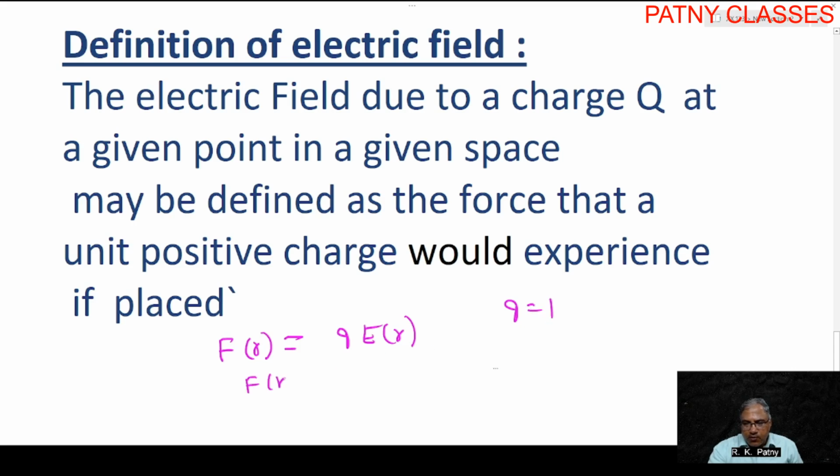Therefore, F of R equals E of R. So electric field is nothing but a kind of force developed by the source charge and existing at the point P, the given point. This is the definition and the concept of electric field.